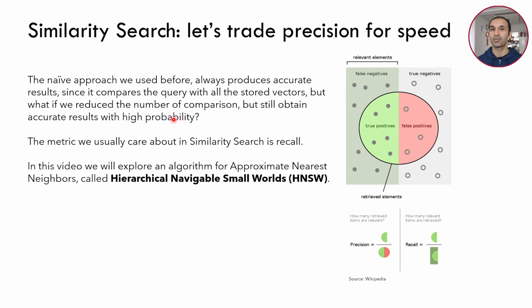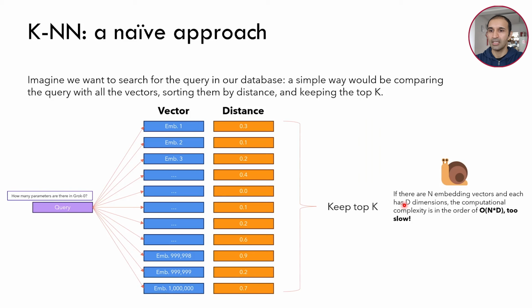And the metric that we usually care about in similarity search is recall. So the recall basically indicates that, suppose the best matching vectors are, for example, this one, this one and this one, we want our top 3 query, so KNN, to retrieve all 3 of them. But imagine it only returns 2.